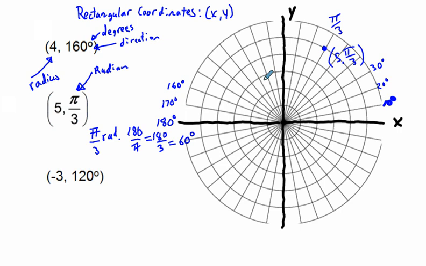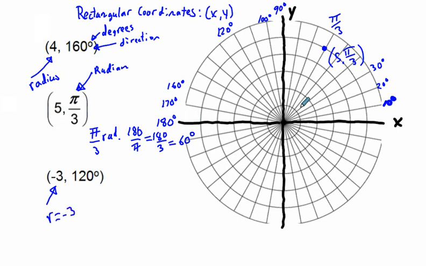And it's a little bit different. If we take this, we go to 120 degrees first. Up here we have 90 degrees at the top, then 100 degrees, all 10 degrees apart, 110, and 120 degrees is right here. And we have a radius value here, r equals -3.